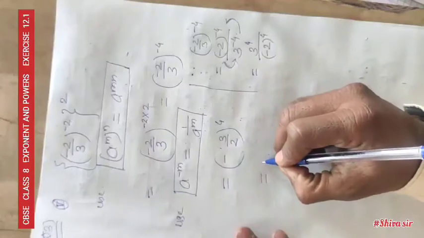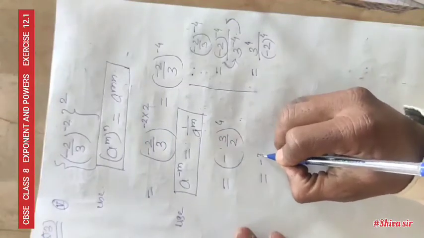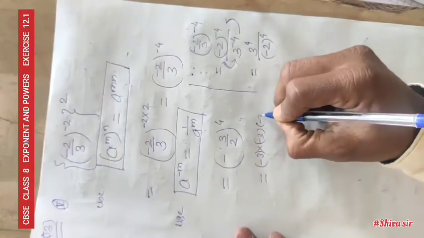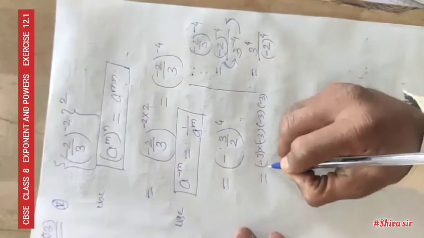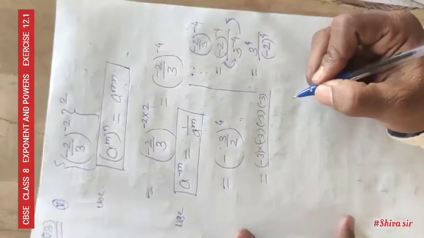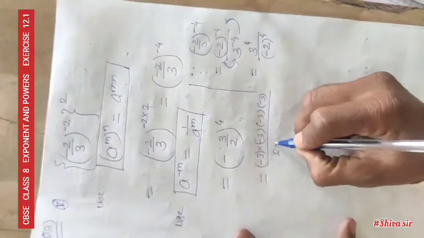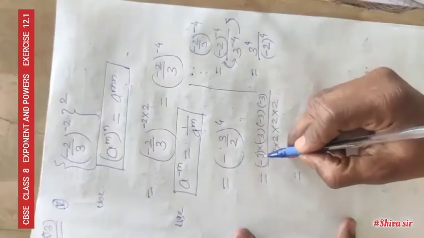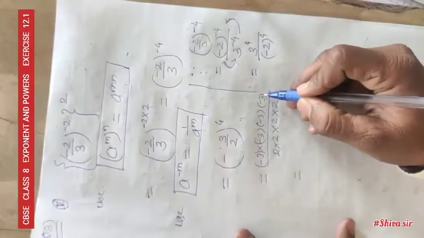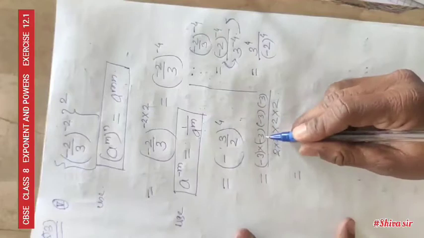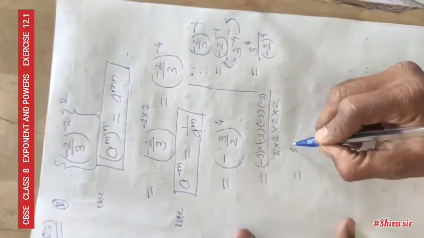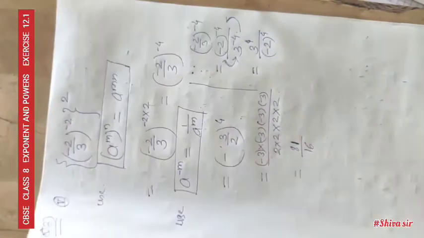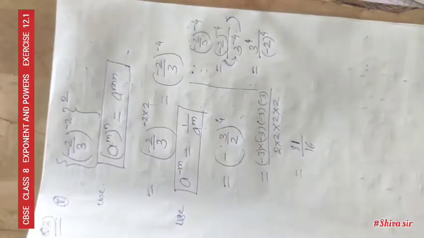Here minus 3 into minus 3, that is minus 3 multiplied by itself 4 times, and again 2 into 2 into 2 into 2. So 3 into 3 is 9, and minus into minus is plus. Therefore 81 upon 16. So our answer is 81 upon 16.